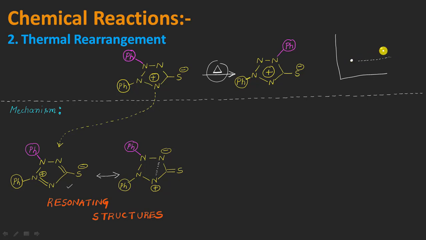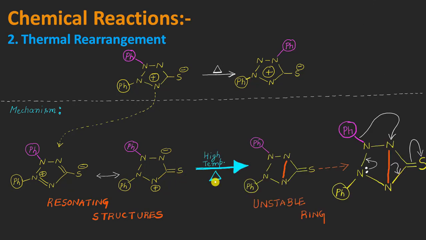And of course, the formation of this kind of unstable product will be requiring a lot of activation energy that will be provided in the form of this delta, I mean the heat energy which we are giving in this system, right? So these thermal conditions result in the formation of a three-membered cyclic structure even, right? And after that, you will see that this unstable ring system will be undergoing electronic rearrangements in this way.